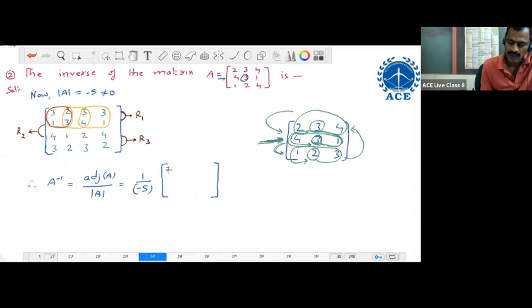Next, the second possibility of second order determinant. 8 minus 9, minus 1. Next, third possibility. From this third possibility, the determinant of this matrix is 3 minus 12. That is minus 9.